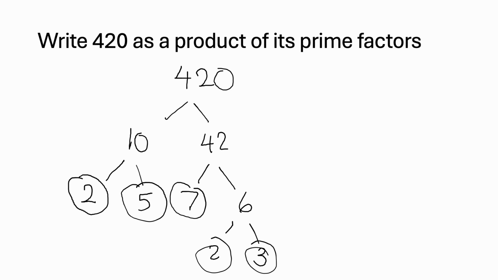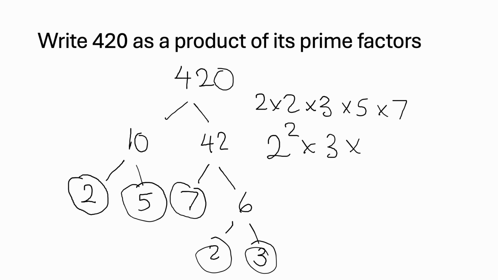So now we've got 2 times 2 times 3 times 5 times 7. How many 2s? 1, 2. Yep. 3. Yep. 5 and 7. 2 times 2 is 2 squared. So 2 squared times 3 times 5 times 7 are its prime factors.